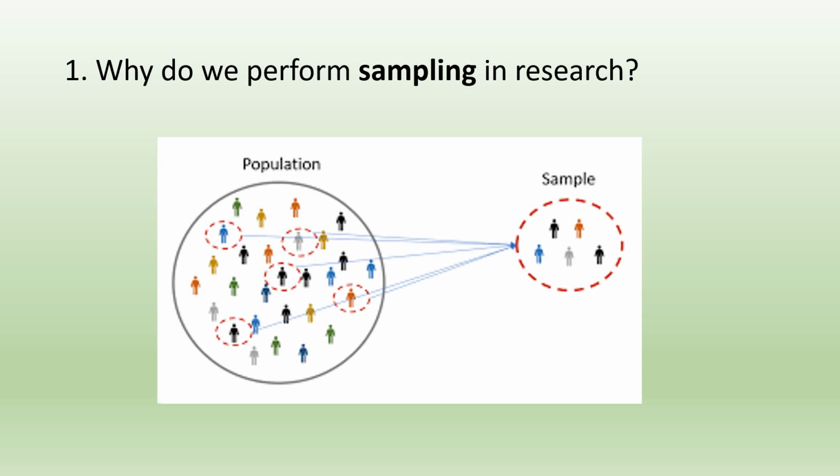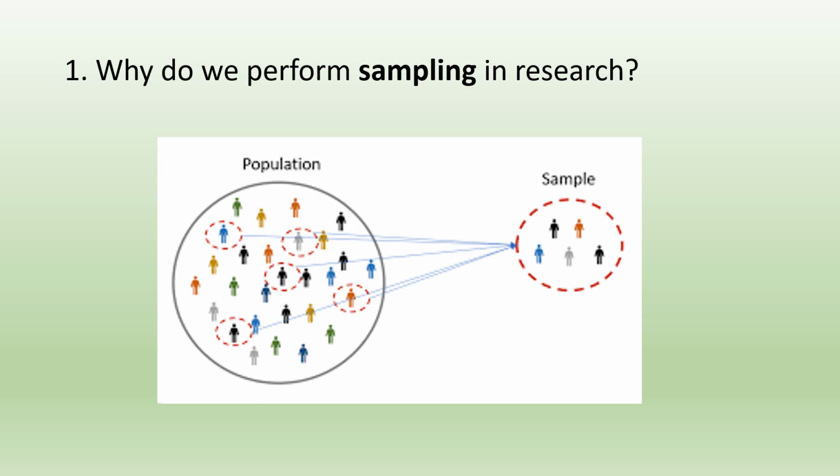You can see from our picture here what a sample looks like. We have a larger population, and we take people from that population to try to best represent the larger population through the sample. In other words, we're trying to learn about a larger population by taking a sample of it. That's basically what sampling is all about, or as our text states, selecting participants for a study is effectively what we're talking about here.